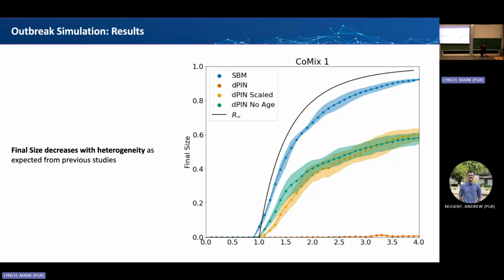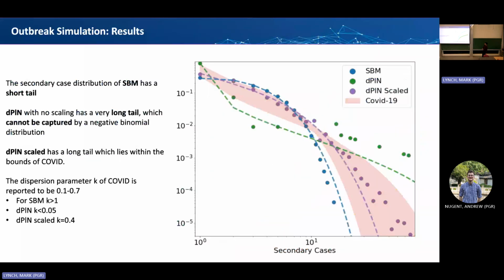It's kind of known in the literature that the final size decreases as you increase heterogeneity. So this is kind of an expected result, but we were hoping for something that was still a final size large enough that you could predict real disease outbreaks.